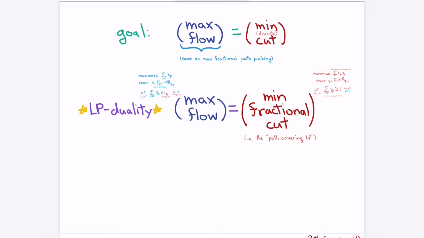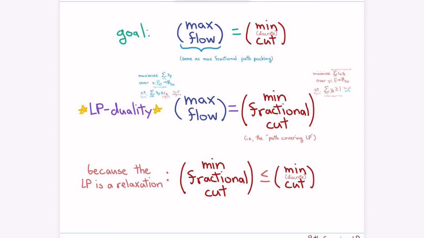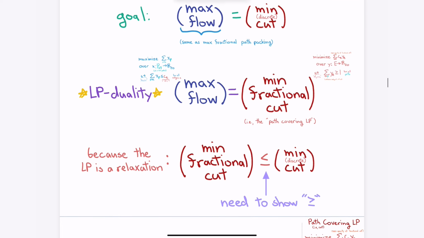And so what remains is trying to show, well, we also know that since the LP just relaxes the discrete problem, the minimum fractional cut is at most the minimum discrete cut. Right? So what's left to show? We just got to get this to be equal, and this squeezed between that will give us that they're equal. Okay, good.